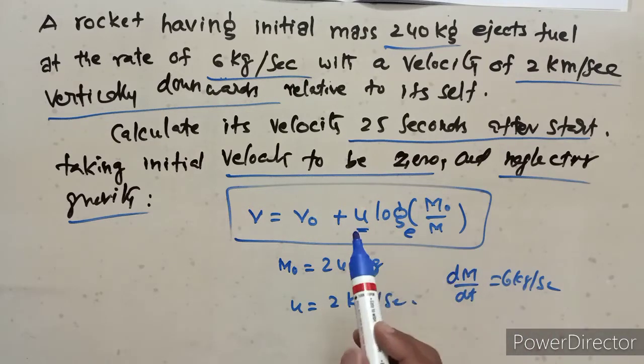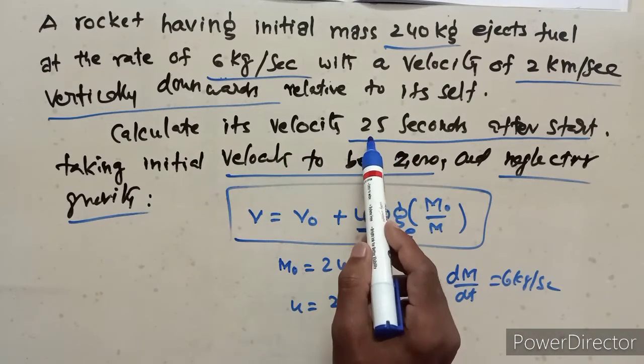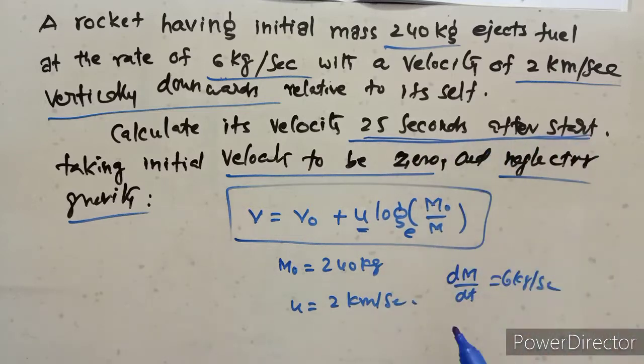Next, calculate the velocity at 25 seconds after start. After 25 seconds, the mass of fuel consumed is 6 into 25, that equals 150 kg of mass ejected from the first mass.